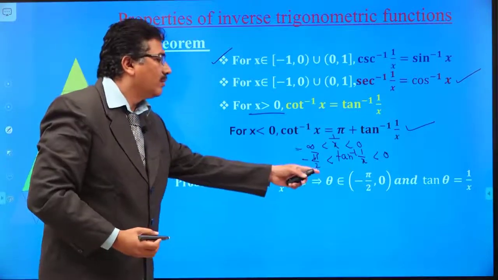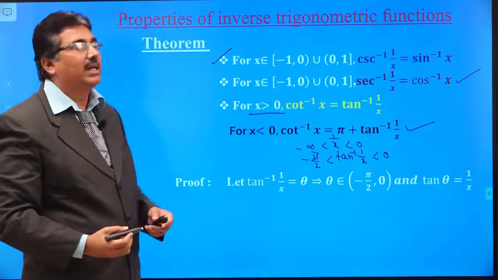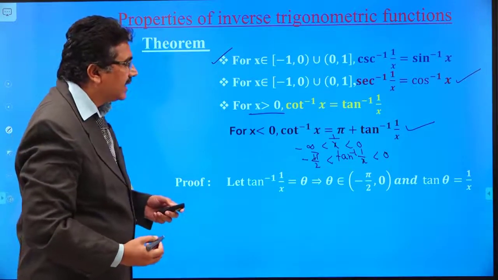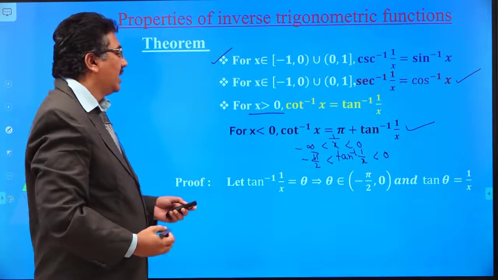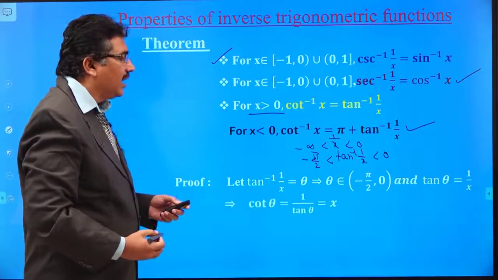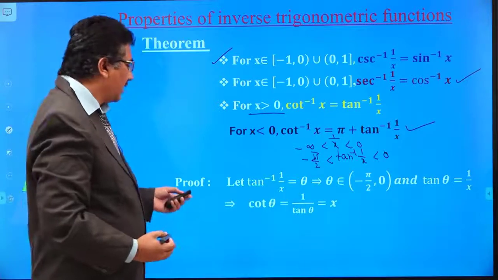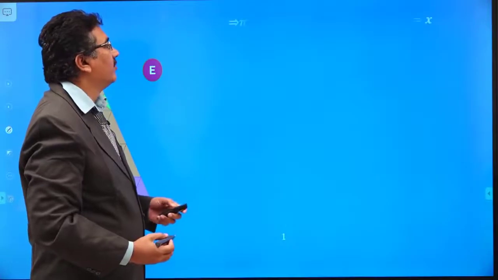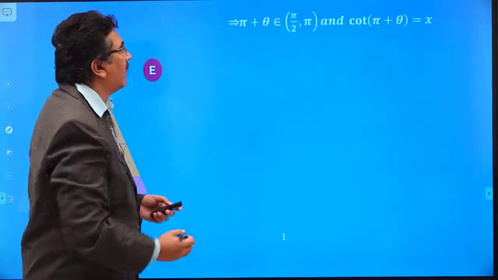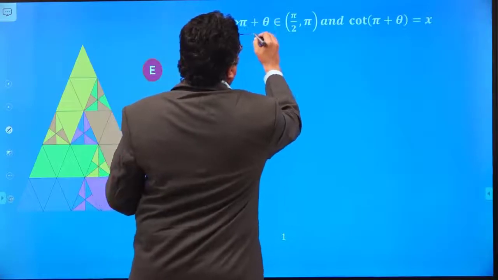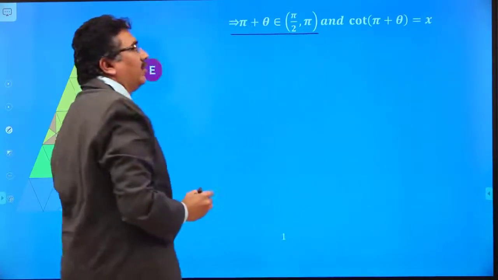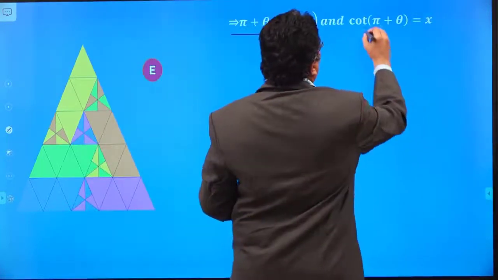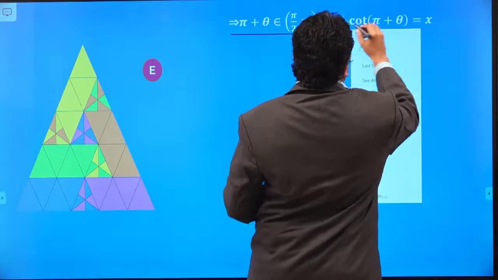Theta belongs to the open interval minus pi by 2 comma 0 and tan theta is equal to 1 by x. That implies cot theta is equal to x. That implies pi plus theta belongs to the open interval pi by 2 comma pi, and cot theta is equal to cot of pi plus theta.